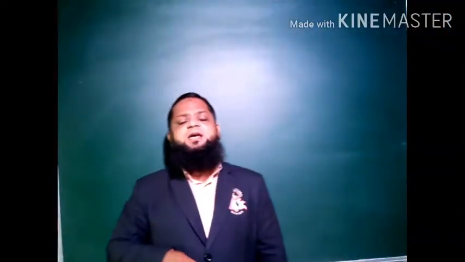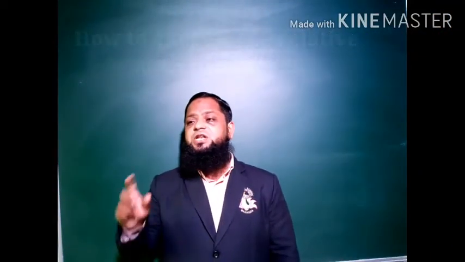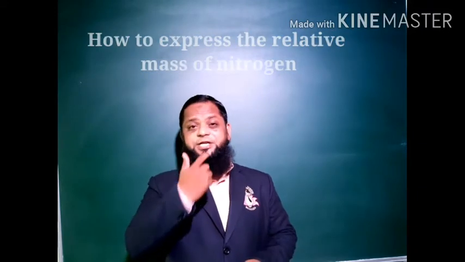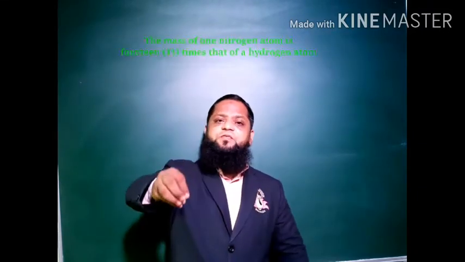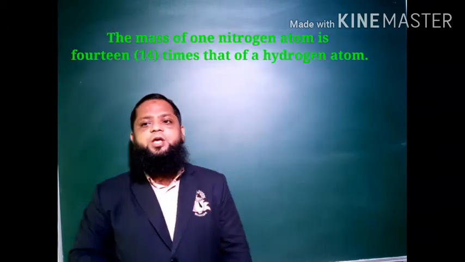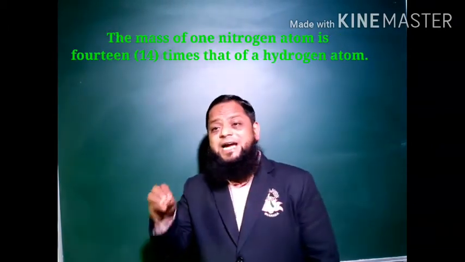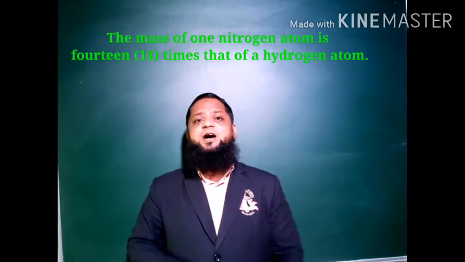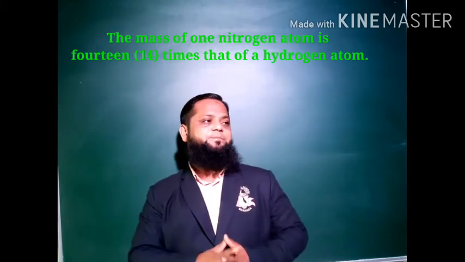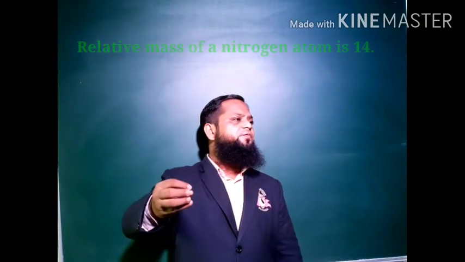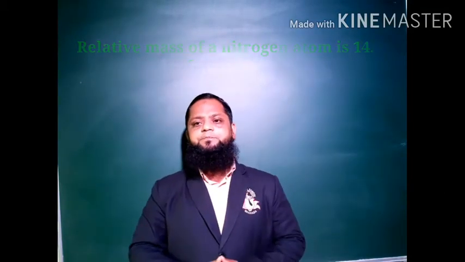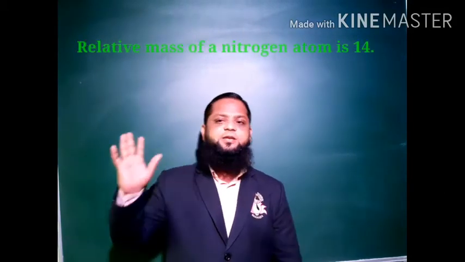Let us see how to express the relative mass of nitrogen. The mass of one nitrogen atom is 14 times that of a hydrogen atom. The relative mass of nitrogen atom is 14.